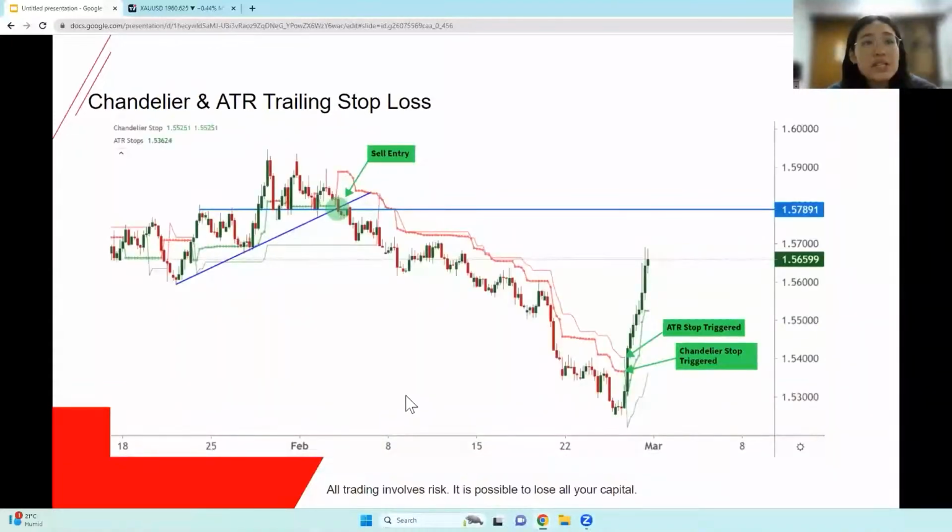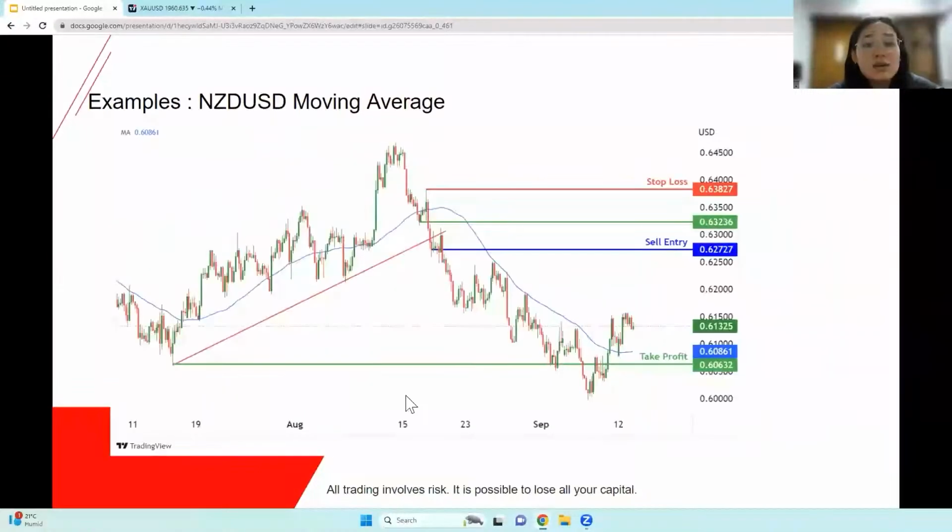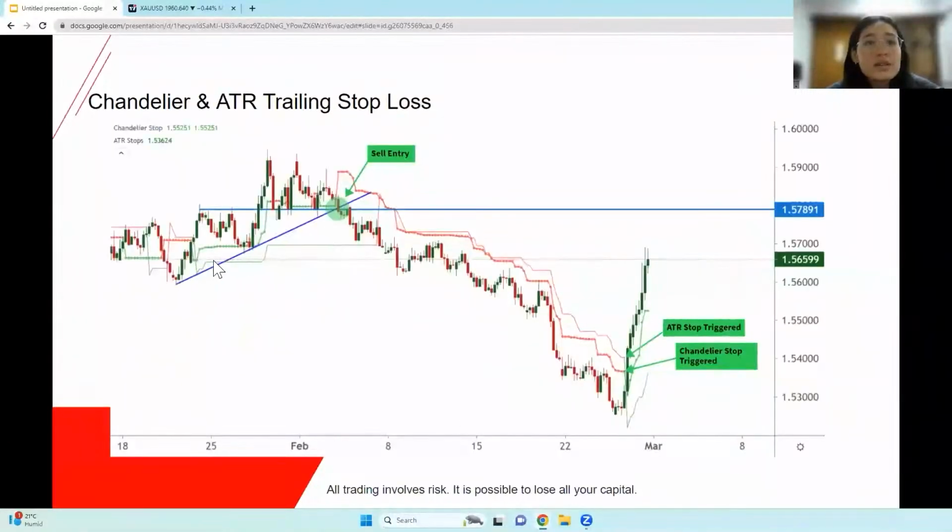Okay, here chandelier and ATR. Same thing, sell entry with this line. And we're using both ATR as well as chandelier in this case. So both moving under, and the trailing stop loss is triggered once price has broken out of these two indicators.